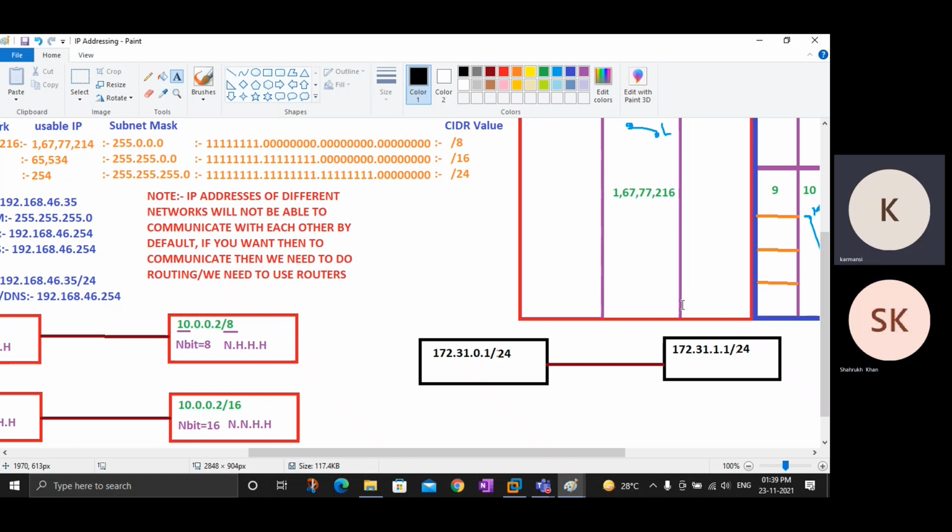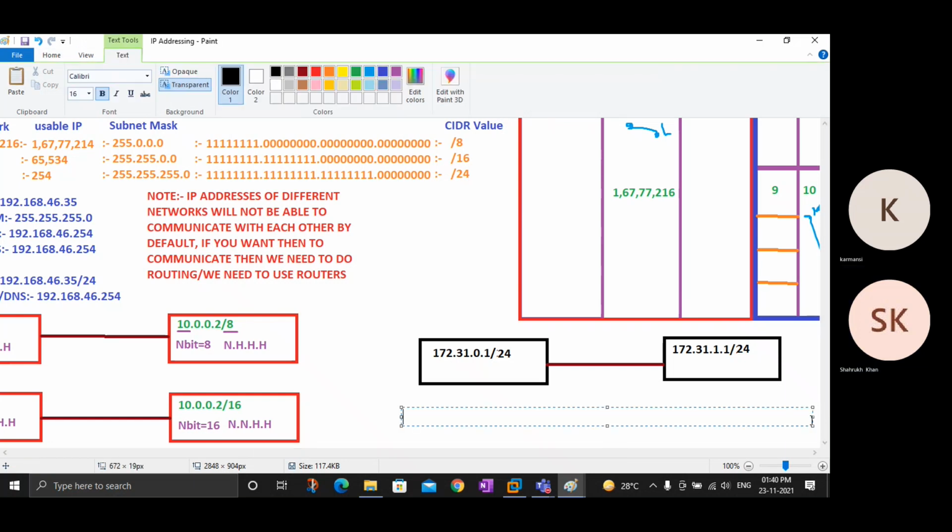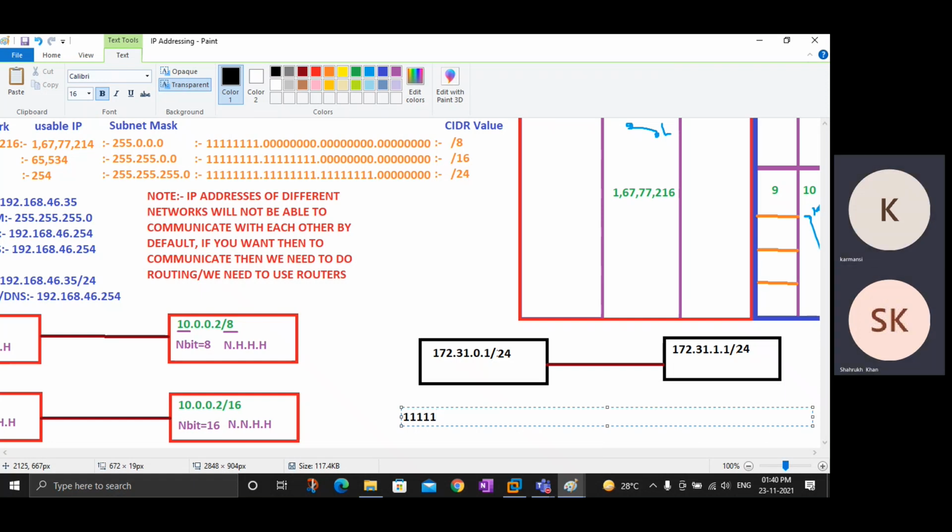It's 24. So there are two network blocks and two host blocks? No. We have 24, which means 3 network blocks, because the network bits are 24 bits. The CIDR value is nothing but the number of network bits with a slash. So 24 is the CIDR, and you need to write 24 ones.